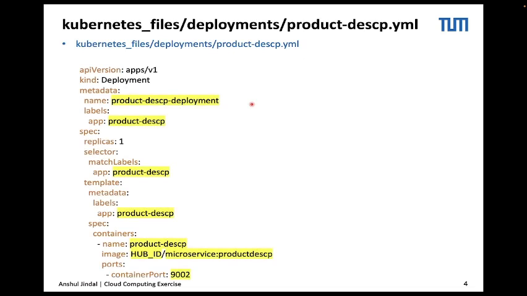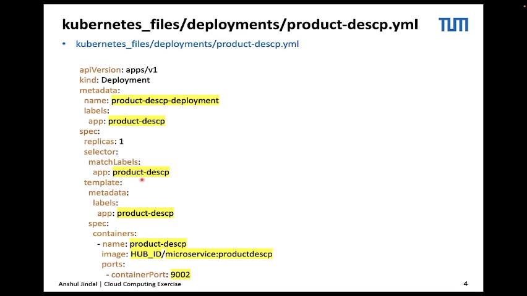So the solution was quite simple. If you see the hello world deployment file, it's also quite simple for the other microservices. You have to enter the name, the product description, like deployment, and then the labels. What I saw in most of the solutions is that students wrote the product description here, and this product description is used by Kubernetes to match it to the Kubernetes services.